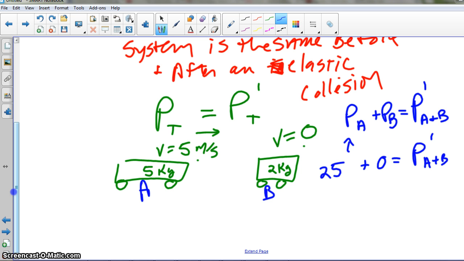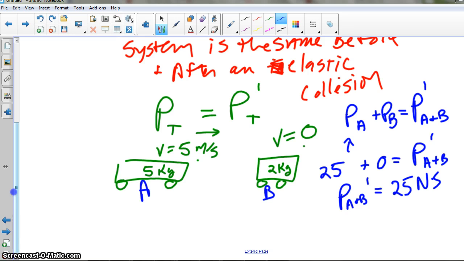So before the total, 25 plus 0, after the total has to be 25. So the momentum of A and B together after the collision is 25 Newton seconds. I tend to write momentum in terms of Newton seconds instead of kilogram meters per second because it's faster to say and faster to write.